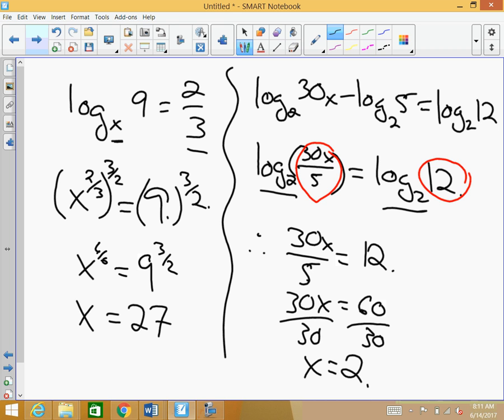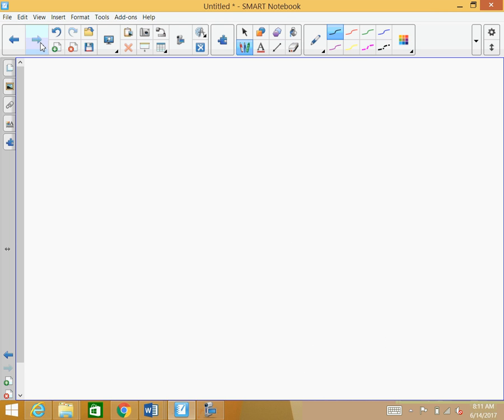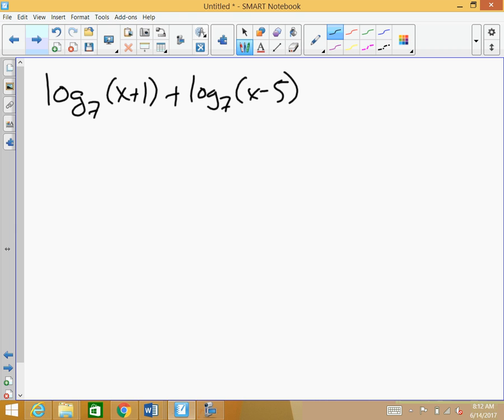Now, let's take a look at one more example. Let's take a look at this. Log_7 (x plus 1) plus log_7 (x minus 5), and that's going to be equal to 1.